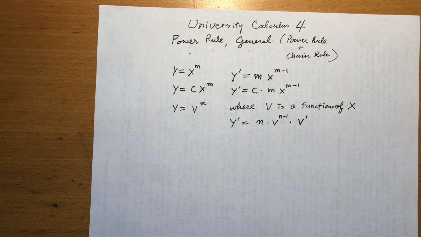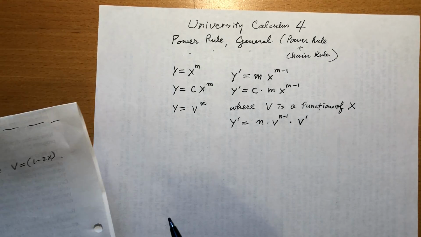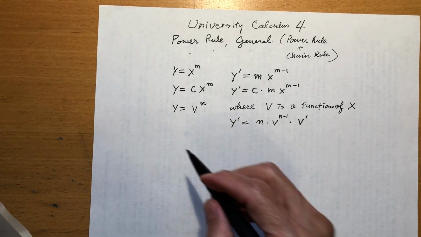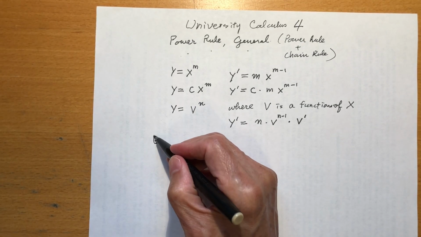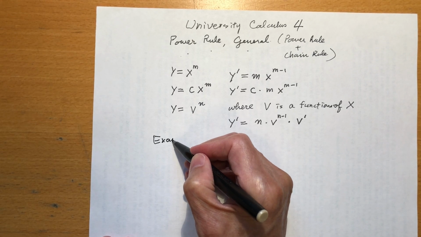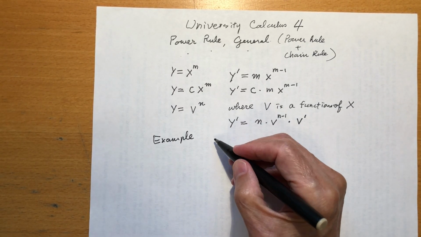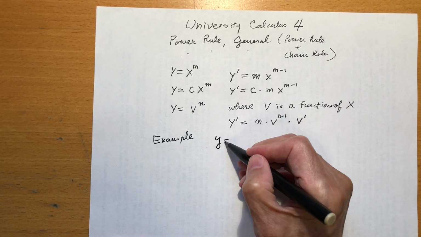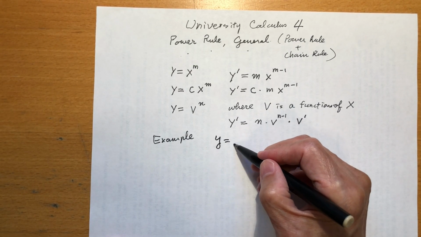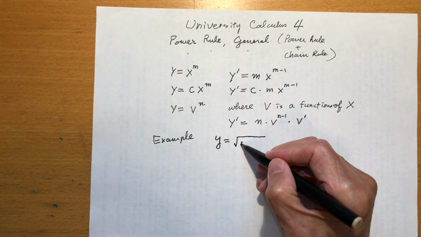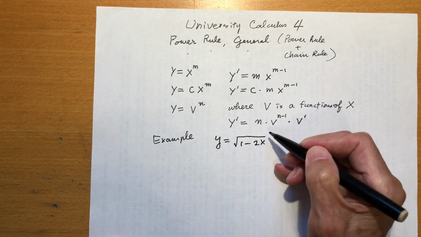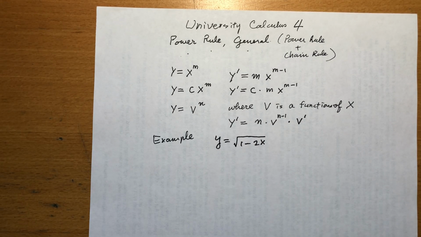Let's have an example. So our example is y equals square root of 1 minus 2x. So how do we do that?